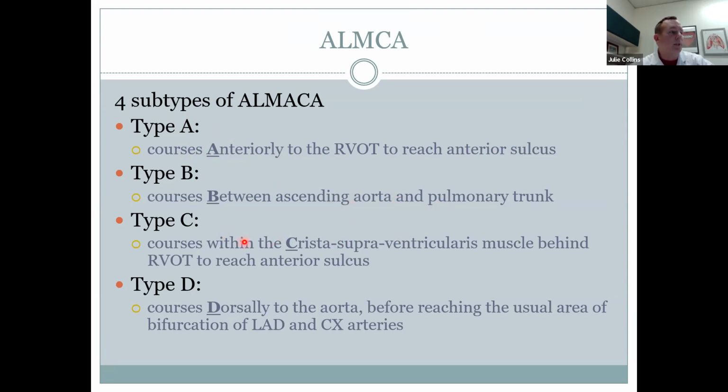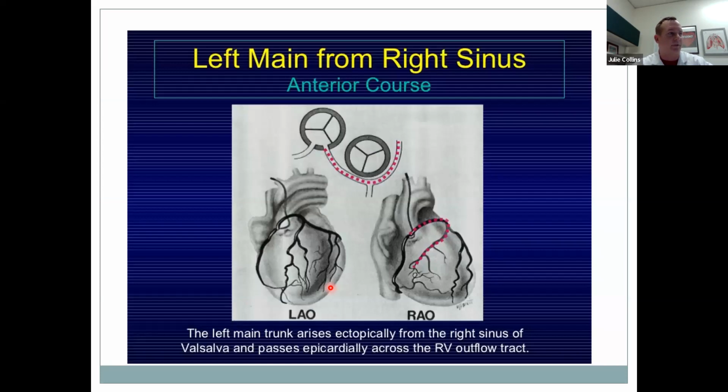Type C courses with the crista supraventricularis muscle behind the RVOT to reach the anterior sulcus. And type D courses dorsally to the aorta before reaching the usual area of the bifurcation of the LAD and the circumflex. You're not going to have to know type A, B, C, and D, but it just shows you that there's a difference there.